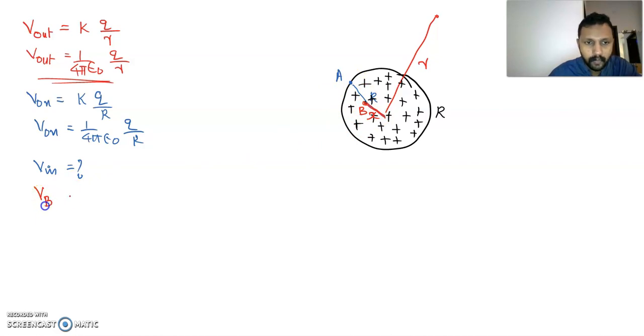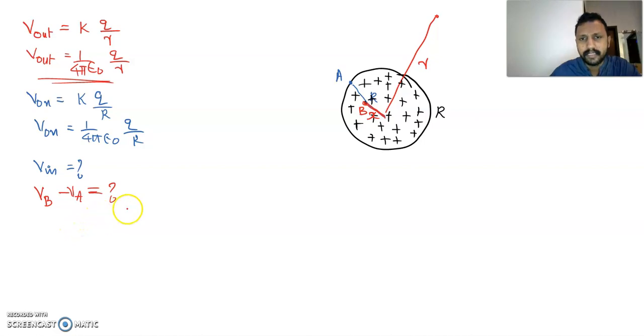I'll write VB minus VA as the potential difference. Why VB minus VA? It's because VB will be greater than VA. The work done to bring a unit positive charge from infinity to B is greater than the work done to bring a unit positive charge from infinity to A. So we have to calculate VB minus VA.